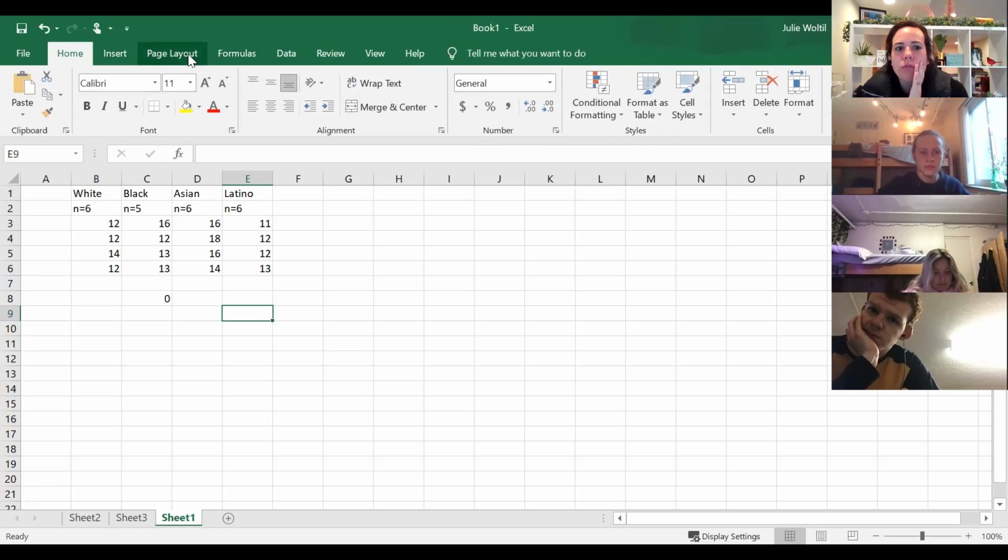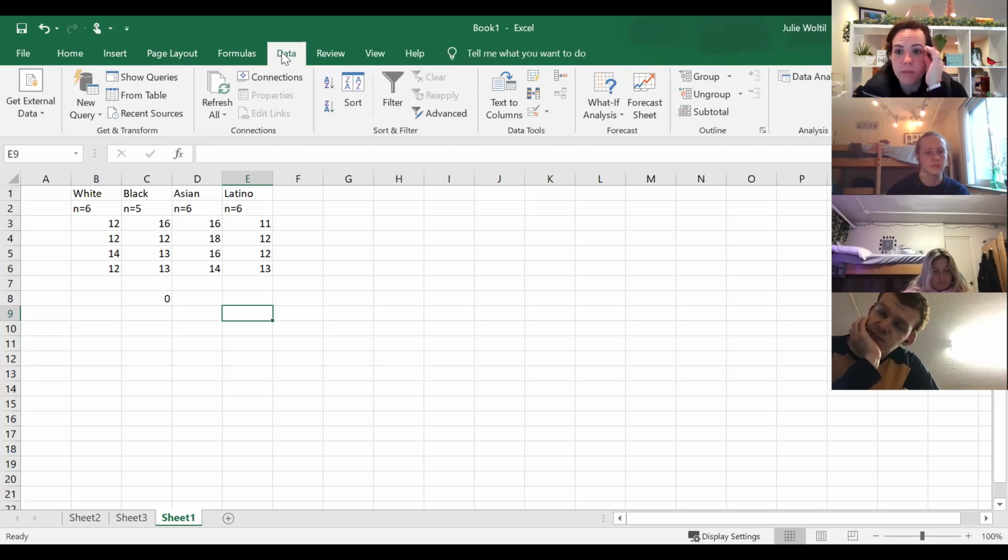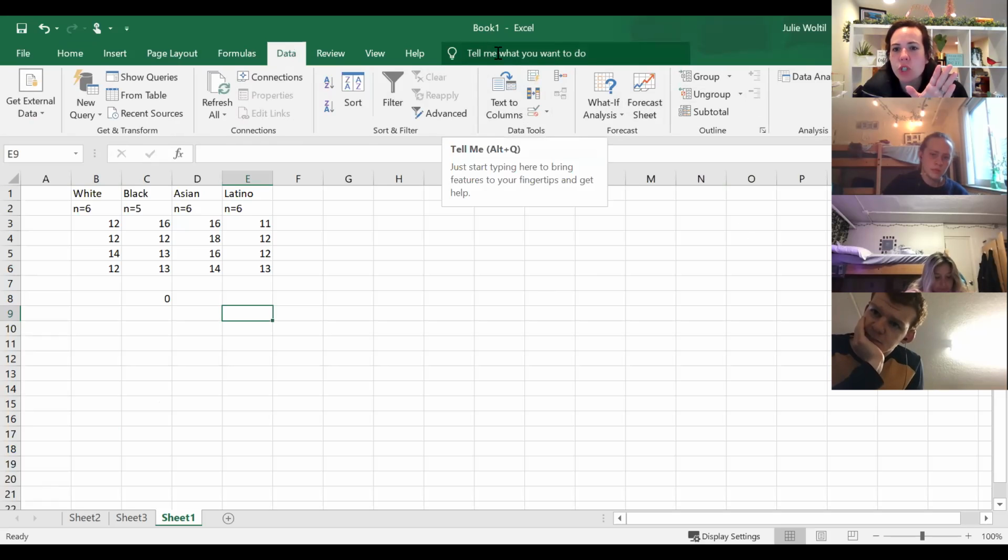If you're on home, this is what it looks like. You need to go over to data right here. If you decide to do an analysis of variance for the special project, this is how I would recommend you run it. On the very right there's a data analysis button. If you do not have this button, you can go to the tell me what to do box and type in data analysis tool pack.